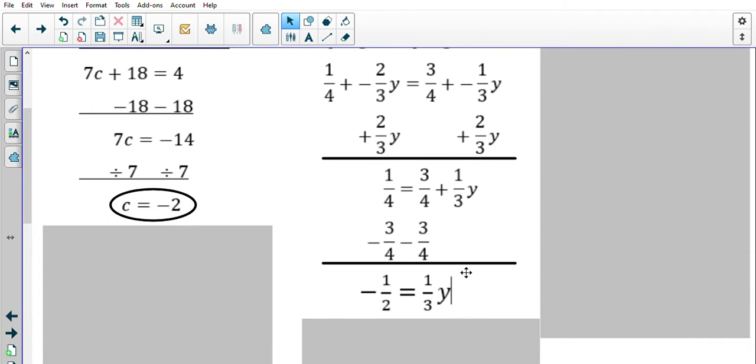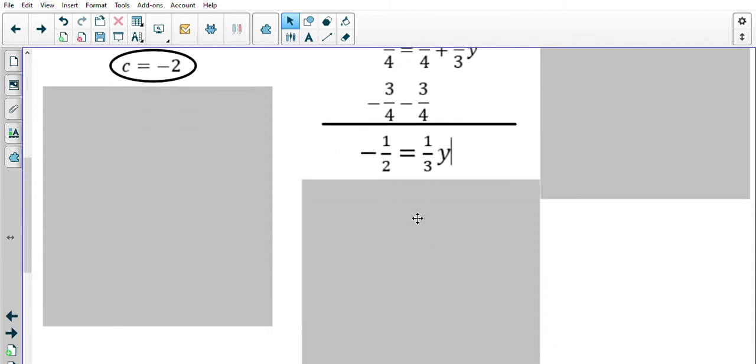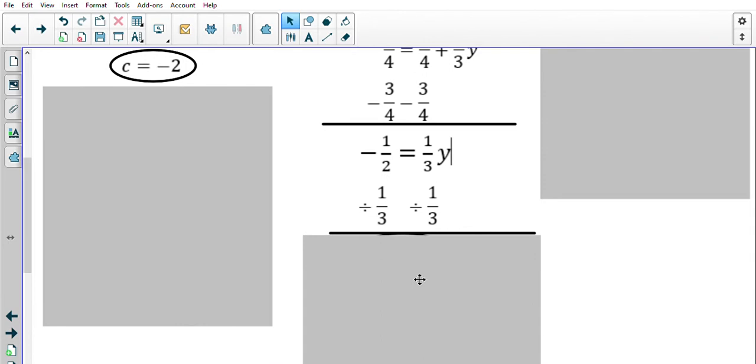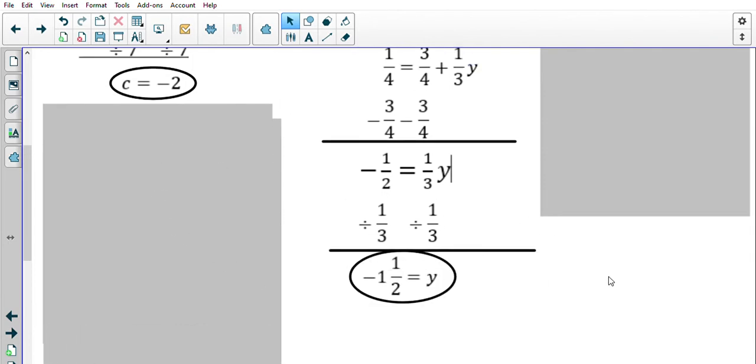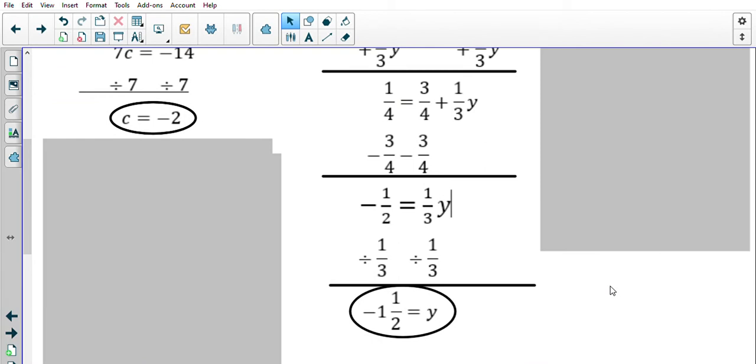We have -1/2, or -2/4, equals 1/3 y. We've got 1/3 times y. The inverse is to divide by 1/3 or multiply by 3. So we'll divide both sides by 1/3, and that is going to get us -1/2 divided by 1/3, which is -3/2, or -1.5, equals y.